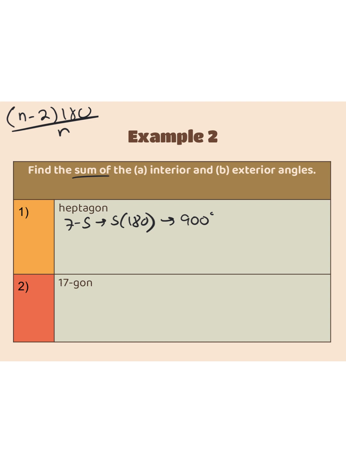Now for the exterior angle, guys, as I mentioned before, they should always add up to 360. It doesn't matter how many angles or how many sides, the exterior sum is going to be 360, as we saw about 2 slides ago.